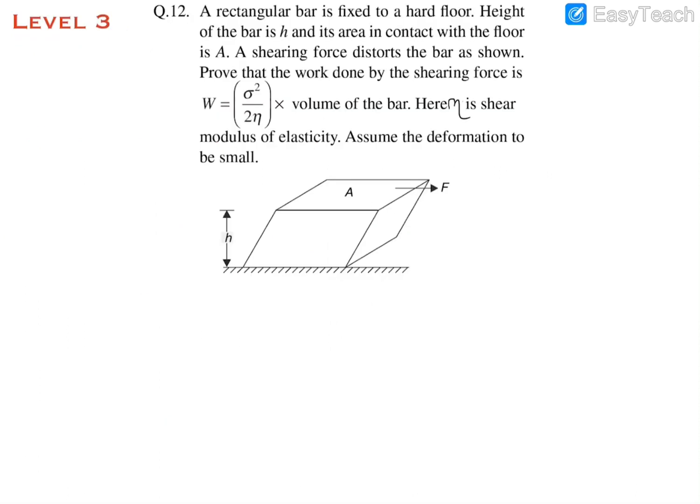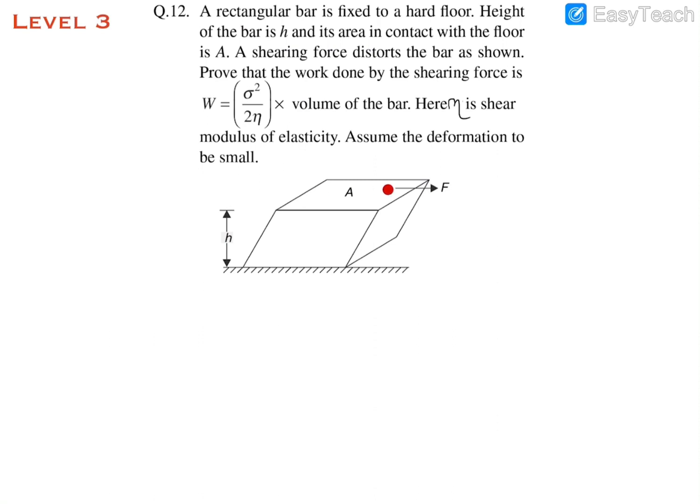In this question, you can see that there is a rectangular block and it is kept on a hard floor, which means that the base of this block is fixed. Now the height of this block is h and the area of the surface of the block is a.